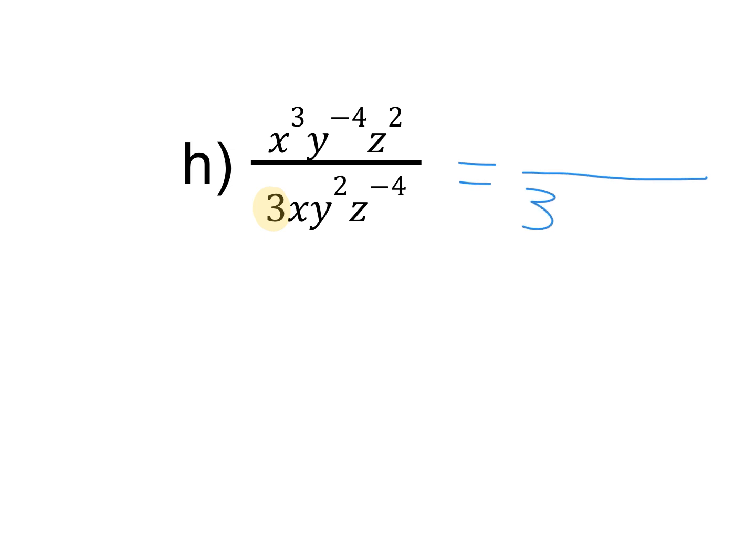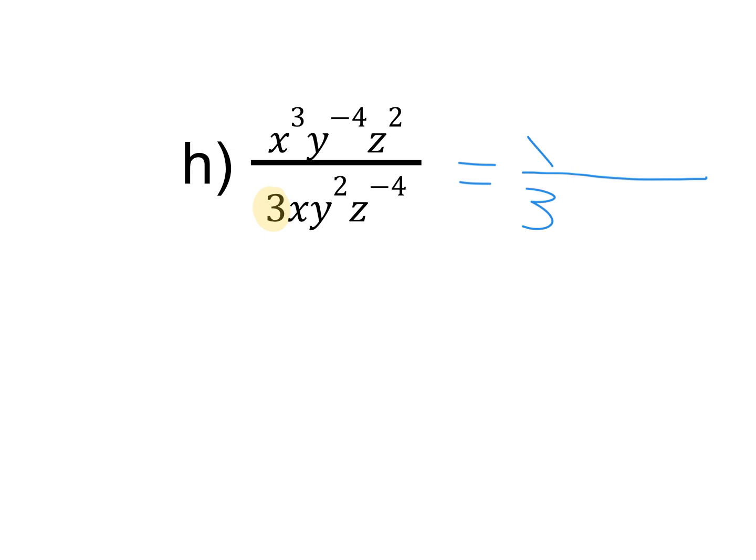And then I see my x variables. So I want to move them to the part of my fraction bar where they will be positive. So I have a positive 3, and this would be a positive 1. So since 3 is the larger number, I will move the other one up.